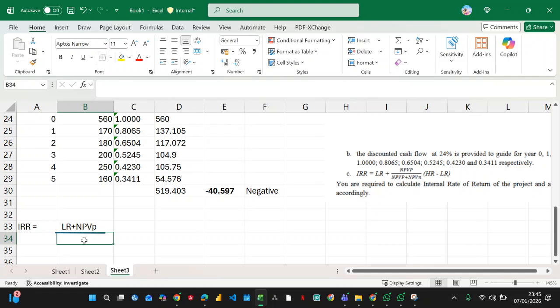Is the IRR over everything, or is it just NPV positive? No, this one is not supposed to come inside. This is supposed to come only here. Yes, that's what I mean. So this will now be NPV positive plus NPV negative.